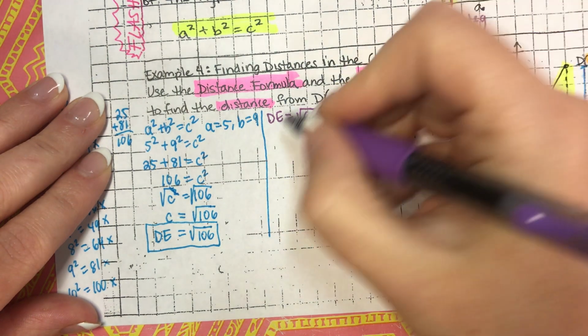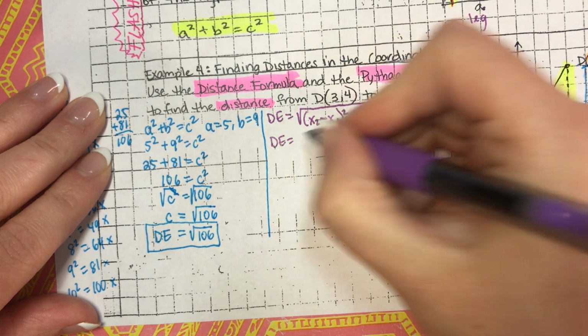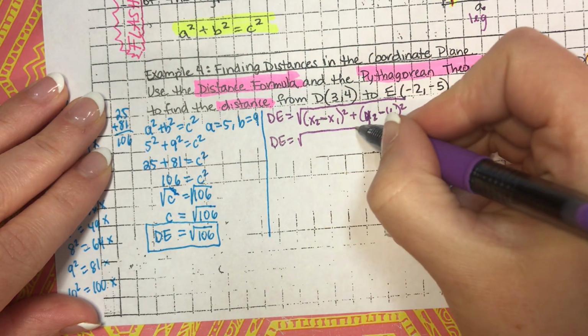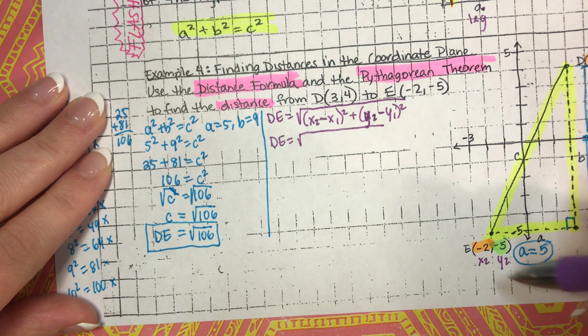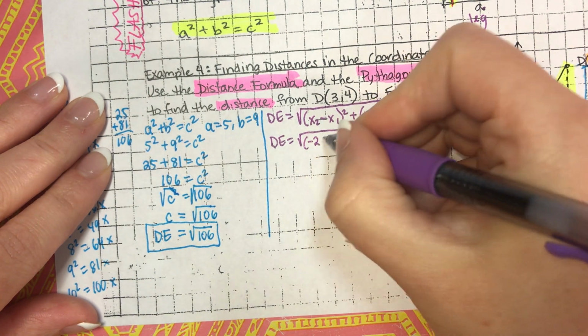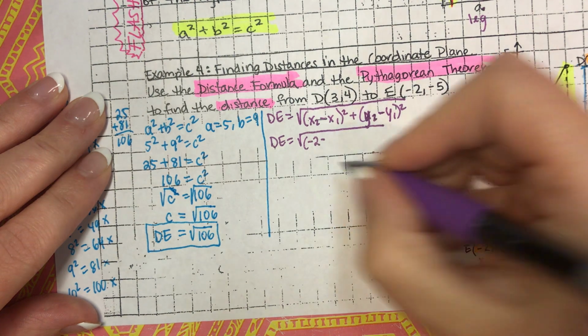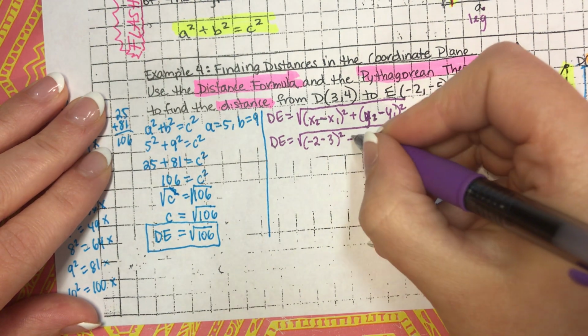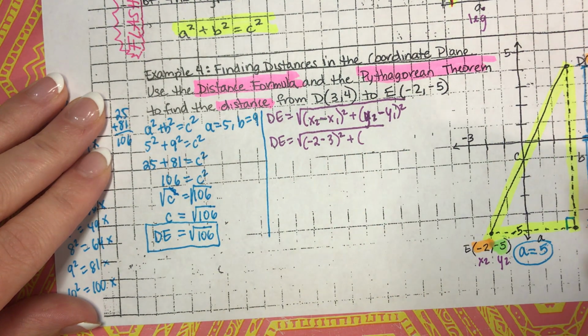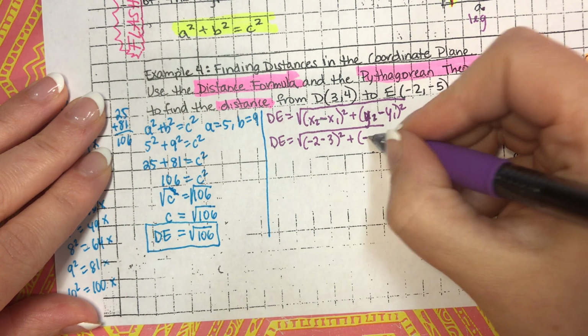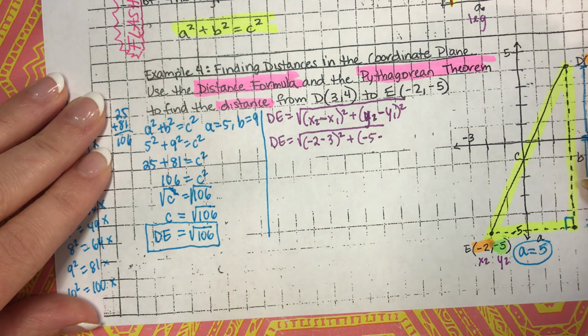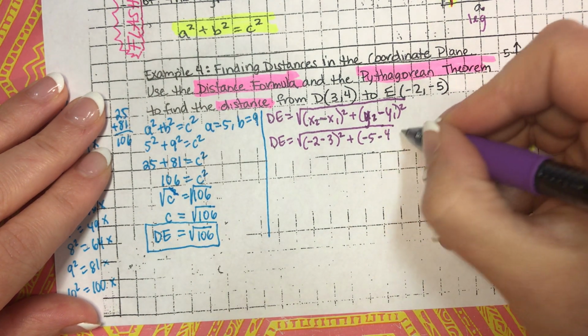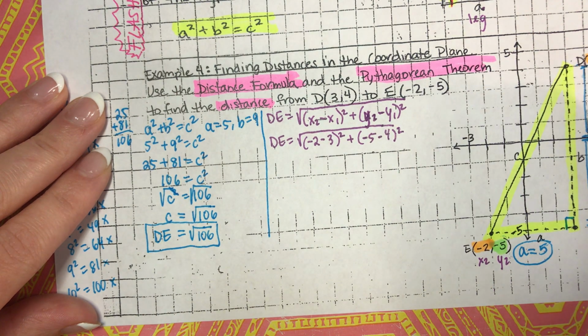And then we just substitute in those values, so we get DE equals the square root of x2 is -2 minus x1, which is 3, squared plus y2 is -5 minus y1 is 4, and that's squared.